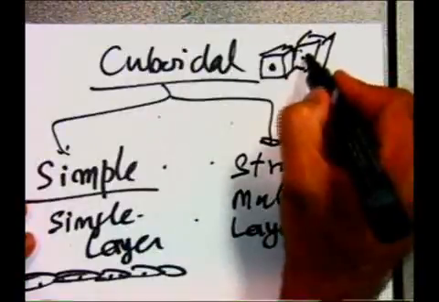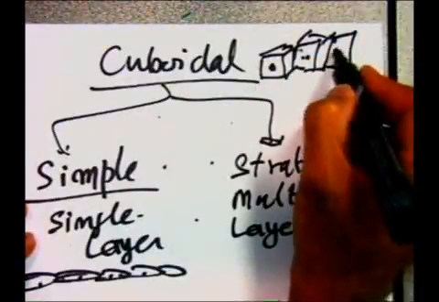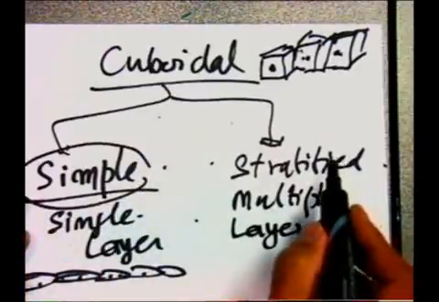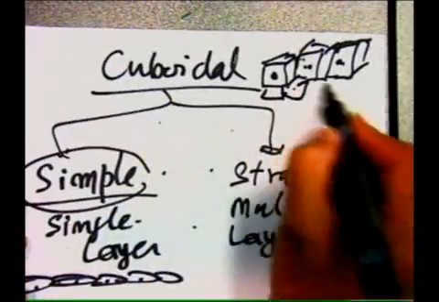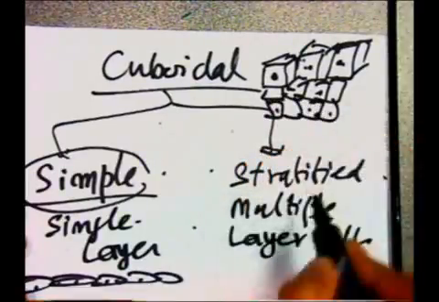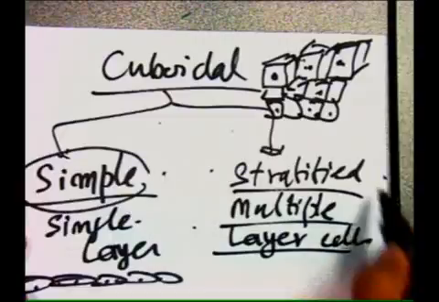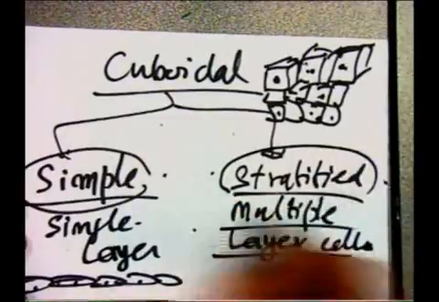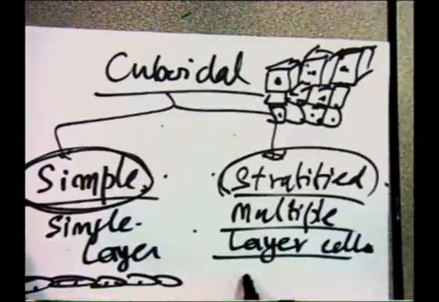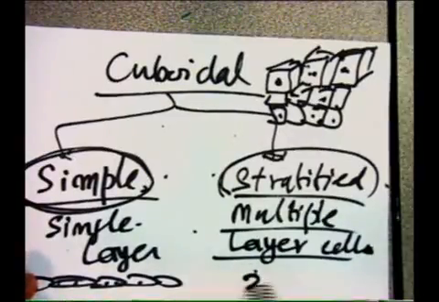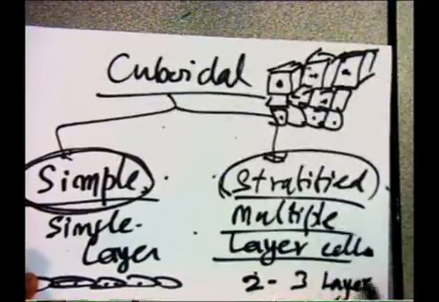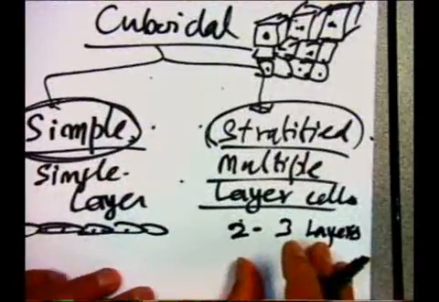If it is one layer, that's the simple cell, and if it is multiple layers, another layer, another layer like this, that's called stratified, multiple layers of cells. This is simple cuboidal tissue, and this is stratified cuboidal tissue, which usually has 2 to 3 layers of cells.